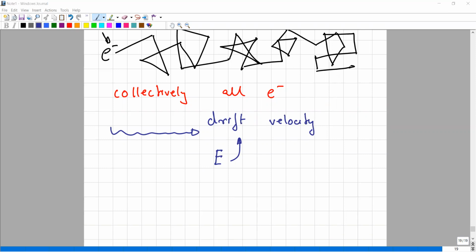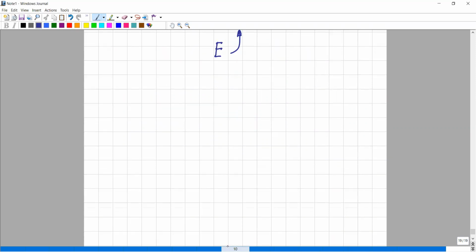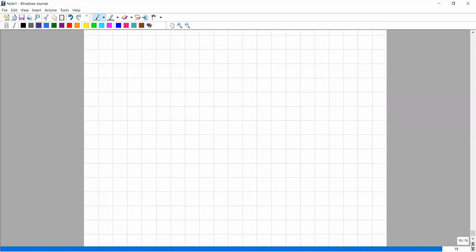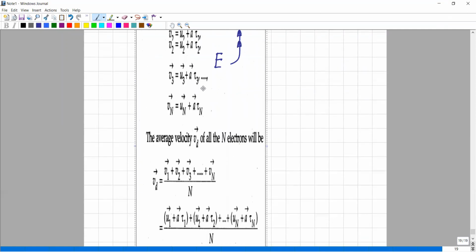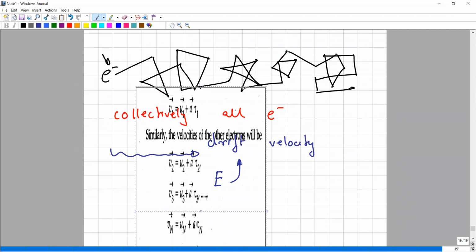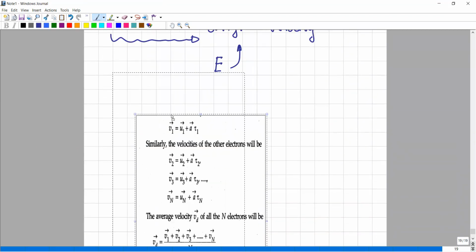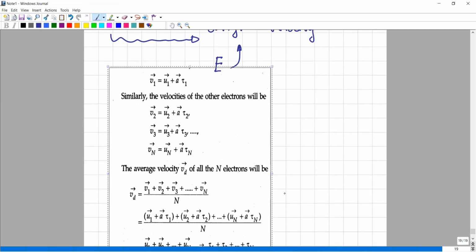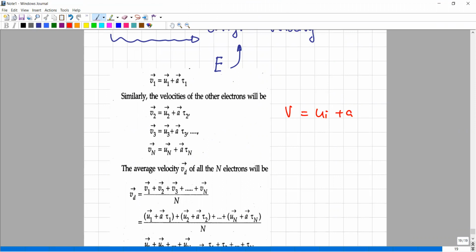Now, let's take the velocity of one electron. Every electron will have its velocity due to this motion in the electric field. So when you write the velocity expression, what will you say? You'll say the final velocity is equal to the initial velocity plus acceleration times time.